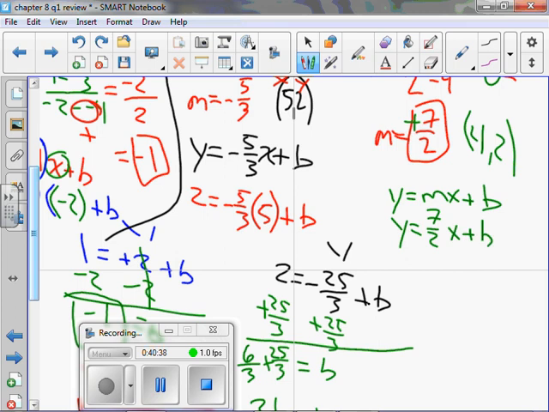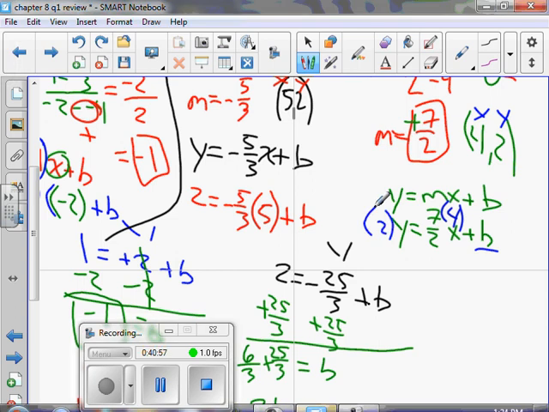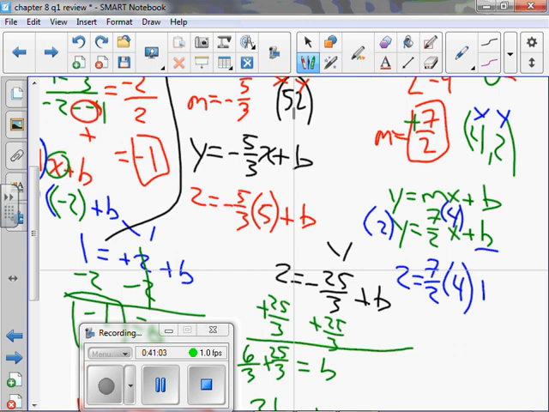And I am stuck because there's too many variables, and I'm only trying to find b. So I will temporarily put in for x this 4, and the 2 in for y, and let's see what we get. We get 2 equals 7 over 2 times 4 plus b.